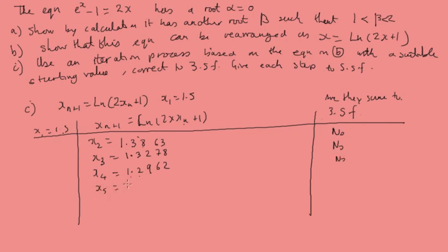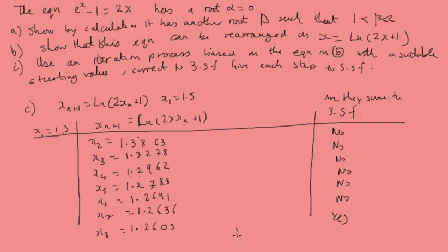x5 is 1.2788, so no. x6 is 1.2691, so we are getting there, but that's still no, we're getting closer. x7 is 1.2636, so that'd go up to 7, and that's the 6, so still no. x8 is 1.2605, so this would be yes.